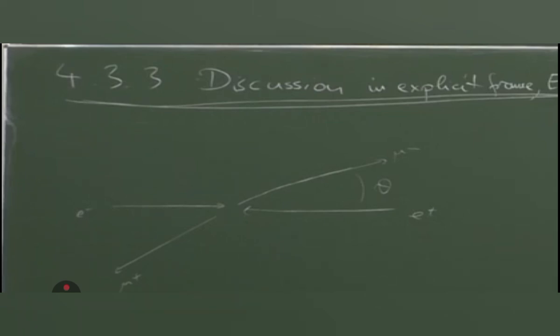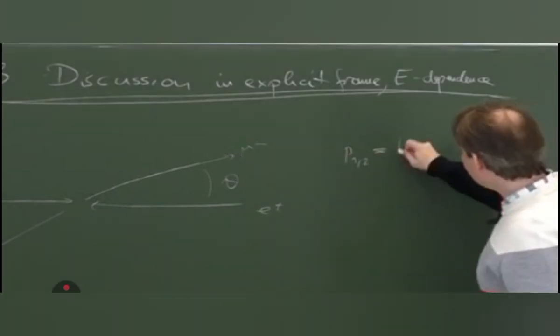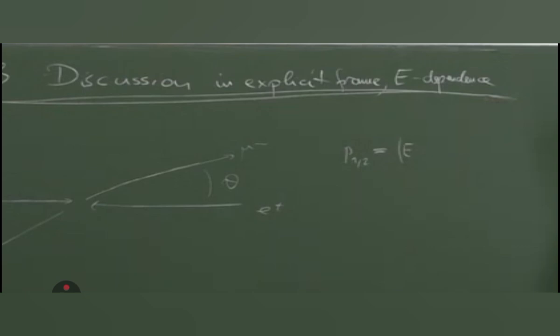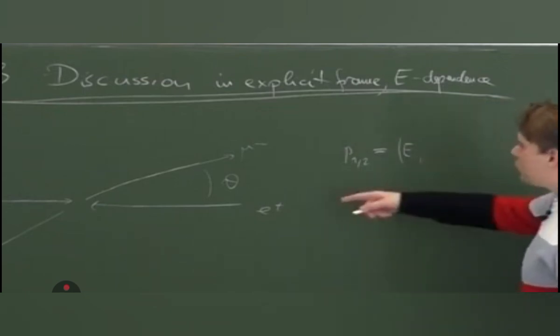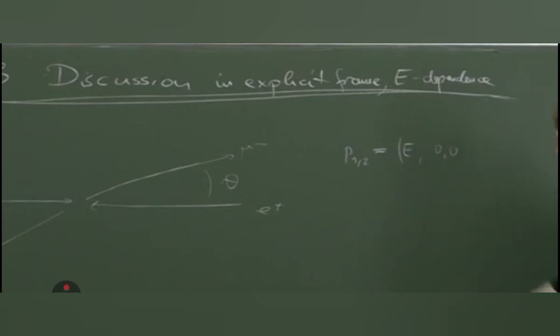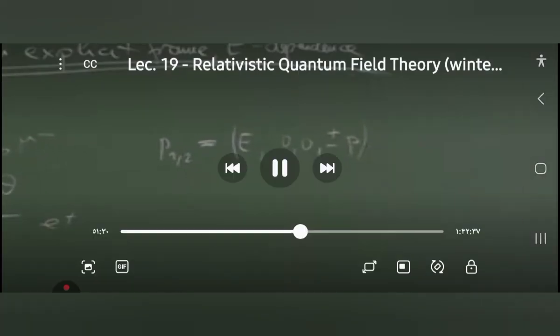So let us write down explicit variables for this situation. Then we would have P1 and P2 for the electron and positron. They have the same energy in the center of mass system. And let's say the momentum is oriented in the z direction, so x and y are 0. And then in z direction we have plus or minus a variable p, simply p without index.